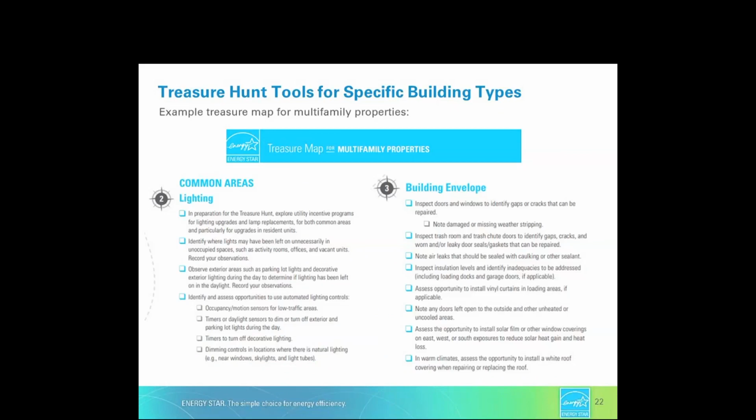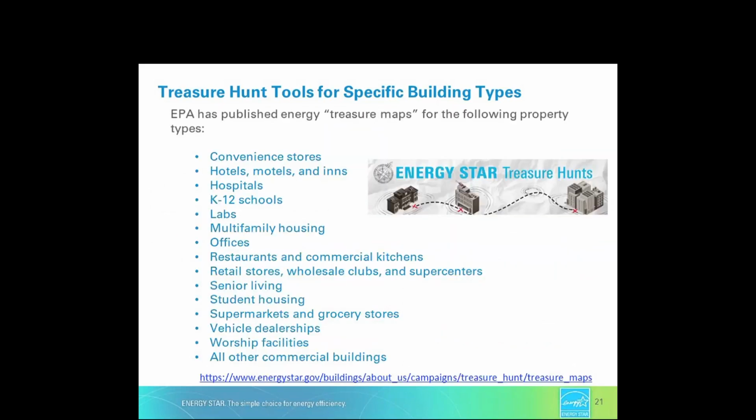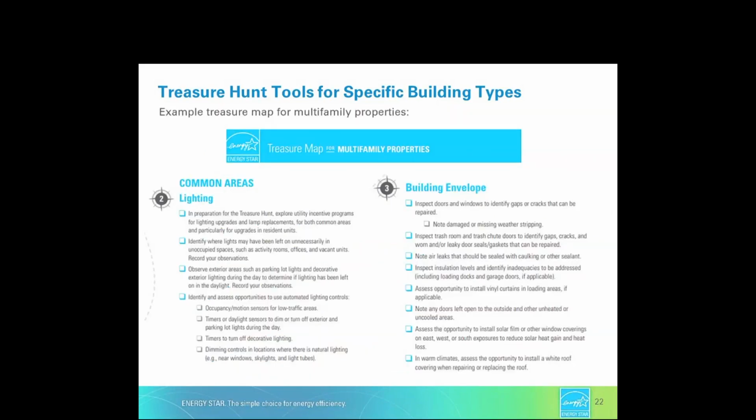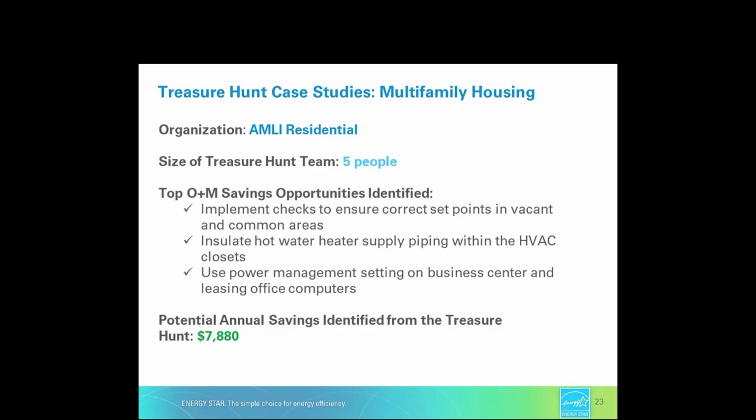Now on the treasure hunt section of the Energy Star website, again, the link is on this previous slide, there are a number of other resources, including not just the treasure maps, but also data collection worksheets and other resources. Some of those resources also include a number of mini case studies.